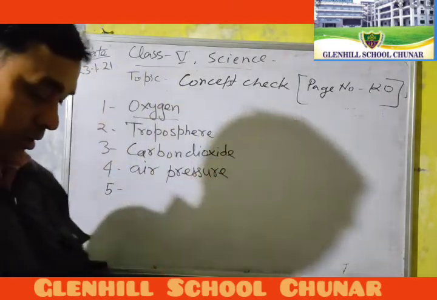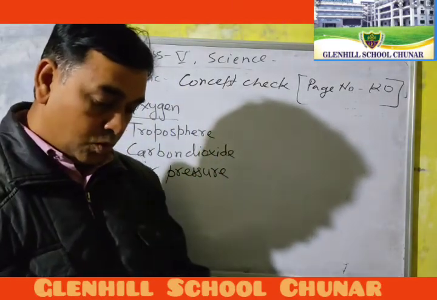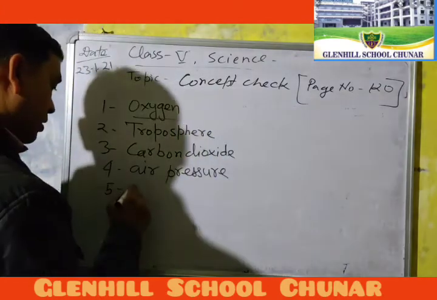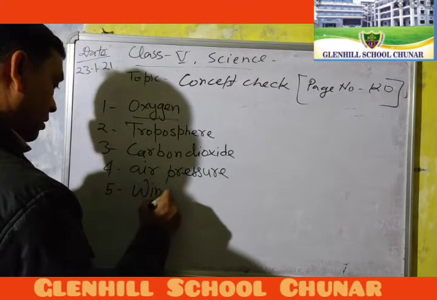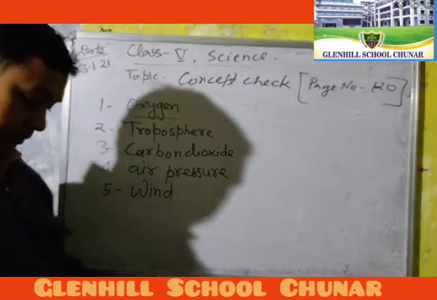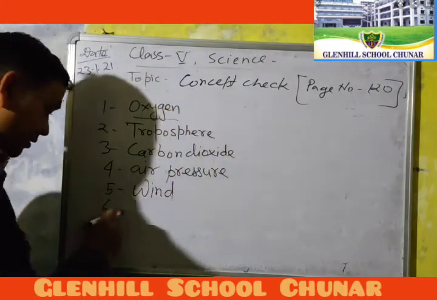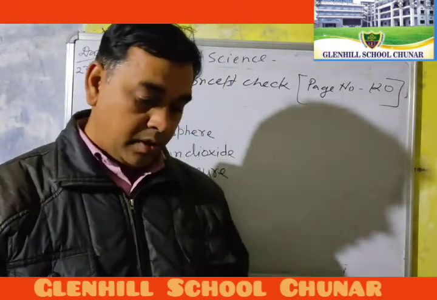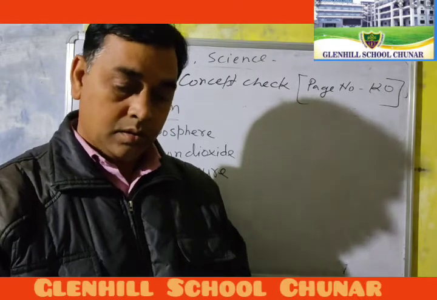Fifth, dash is also a source of energy. Write down wind. Sixth, dash layer protects us from the harmful radiation of the sun.